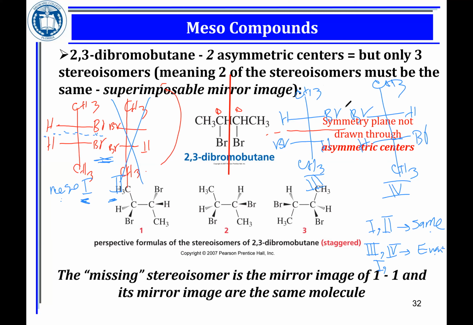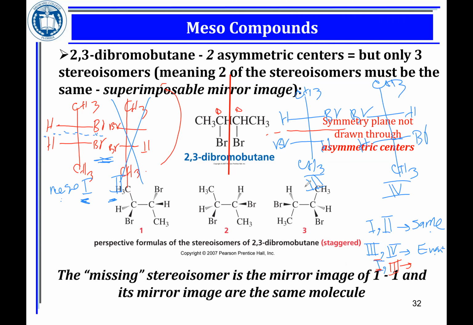So what about 1 and 3? How would you classify 1 and 3? What is the relationship between 1 and 3? They are different compounds. Are they a pair of enantiomers, or diastereomers, or a racemic mixture?